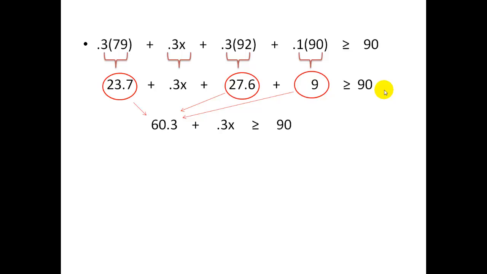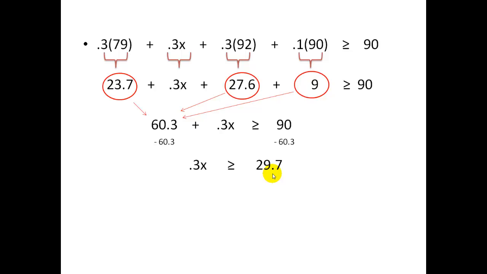Next, I want to isolate the x, and I start doing that by subtracting the 60.3 from both sides of the inequality. When I do that, I get 0.3x on the left-hand side. I bring down the inequality sign, and then 90 minus 60.3 leaves me with a difference of 29.7.